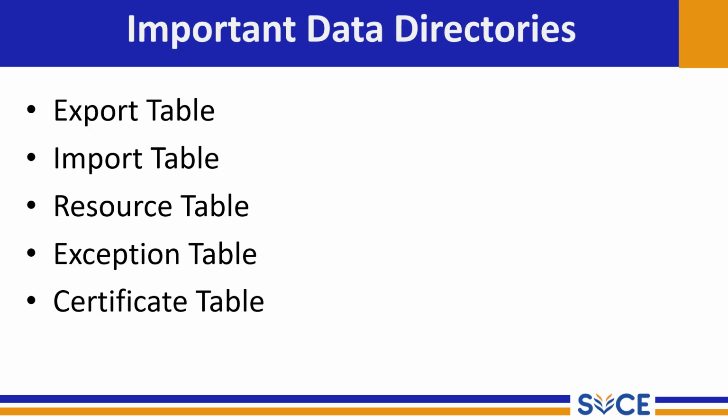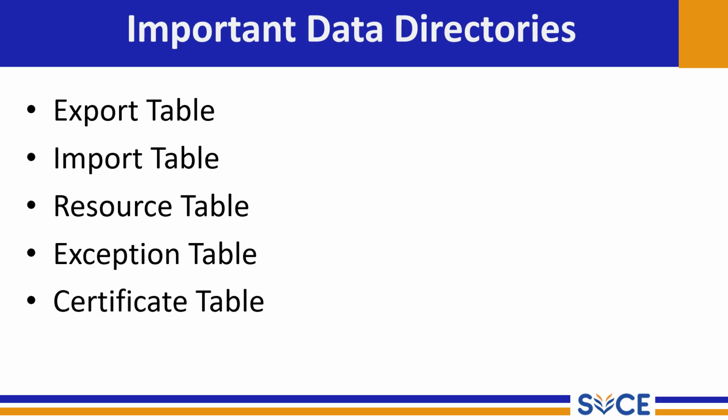Next, the resource directory, or resource table, points to the resource section, which stores the application resources like icons, images, as well as strings. And similar to that, we have the TLS table and the load configuration table. So this is why the data directory is very important.